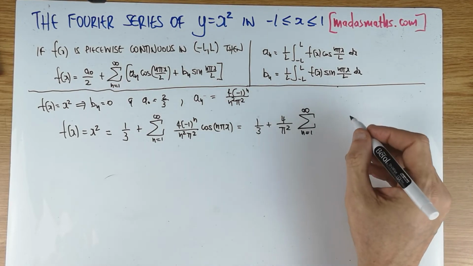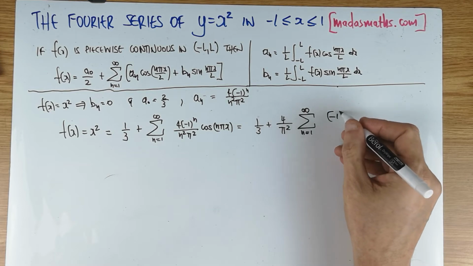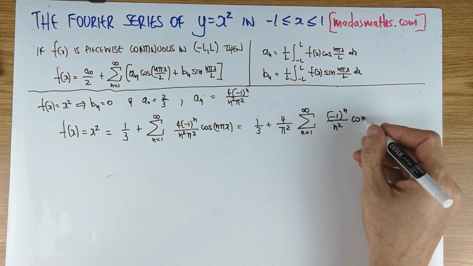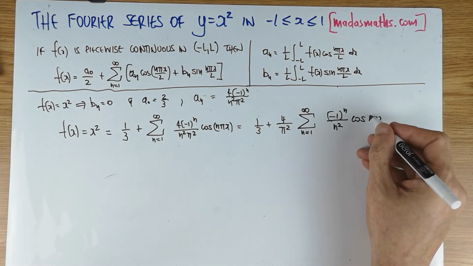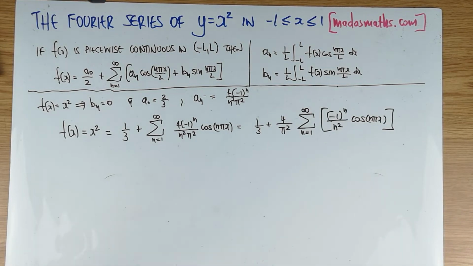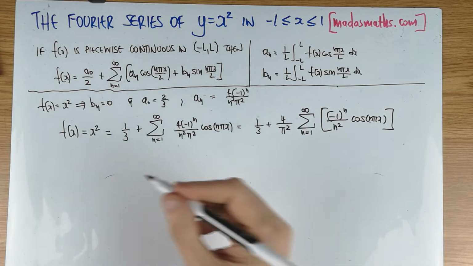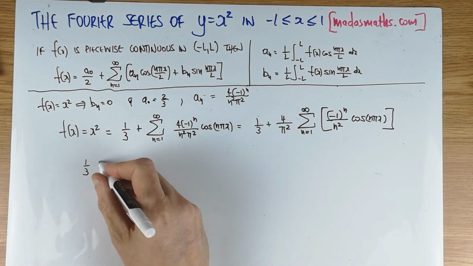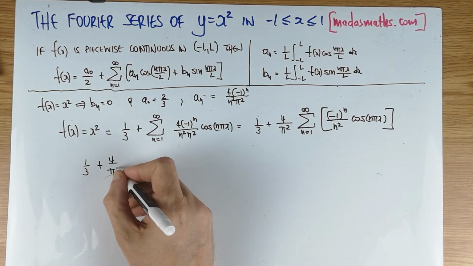So it's going to be minus 1 to the power of n divided by n squared cos of n pi x. That's the argument of the sigma. Because this is written in compact form, of course, you can write a few terms of this. I'm going to write a few terms. So we got a third plus 4 over pi squared.